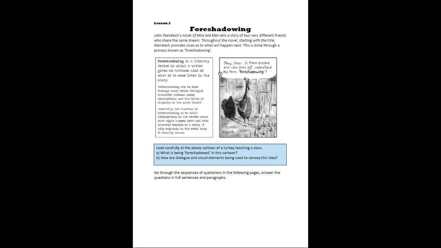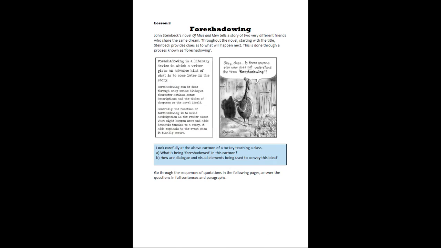Okay, and so here we've got that description. We've then got a kind of newspaper comic cartoon here that is all about foreshadowing. What I'd like you to do is look carefully at this cartoon of a turkey teaching a class. Have a look. What is being foreshadowed in this cartoon?